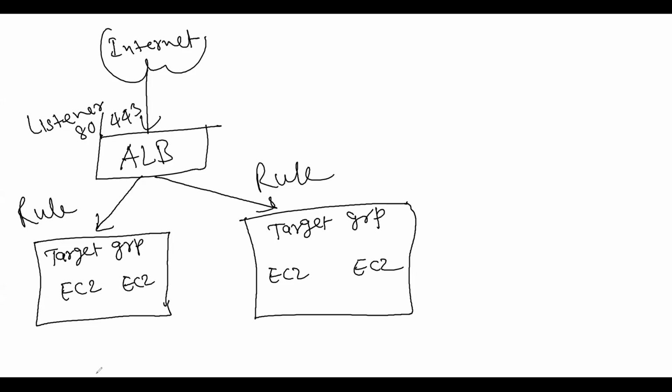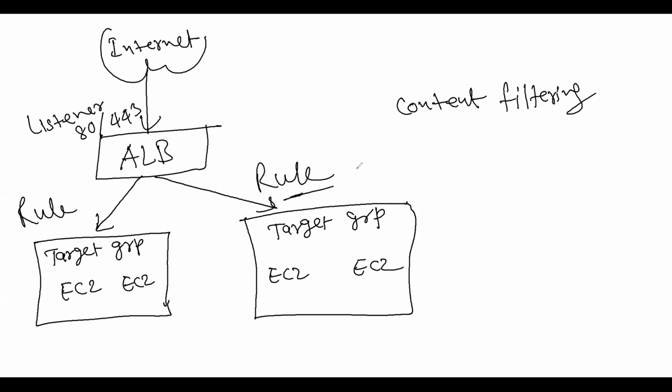You can create a rule for some particular URI, like the S3 URI you heard about, some path. Here we can do some content filtering.